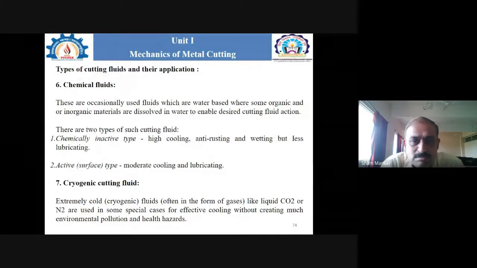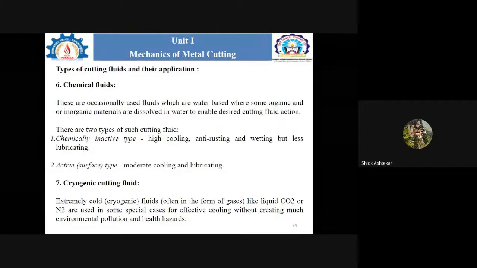Diploma students, or anyone, would like to tell what important points or factors one must know whenever we consider the selection of the cutting fluid. Himanshu, do you have any idea what is most important? Sir, heat dissipating property is the main thing in selecting cutting fluids.